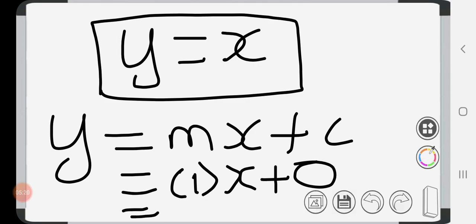So this became just x, because 1 times x is x, plus 0 still remains as x. So you can still write it out as the same function as y is equal to mx plus c. So most linear functions can be written in this particular form. Now it doesn't matter if that linear function is with regards to y and x in mathematics, or the linear function is with regards to quantity and price in economics. The same rules apply.